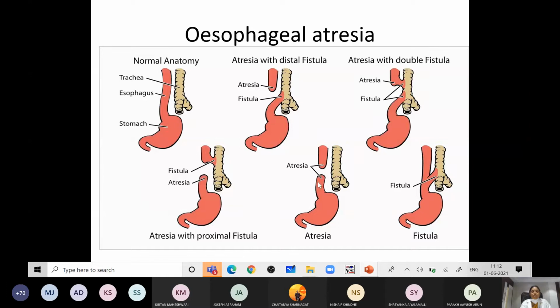Then complete atresia, where there is no communication between trachea and esophagus, but there is a partition between the proximal and distal parts of the esophagus. Clear? There is no canalization here. They are closed at both ends. Then the last one, the distal part of the esophagus is in communication with the trachea. So these are the different types of esophageal atresia.